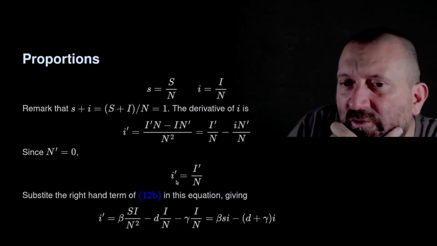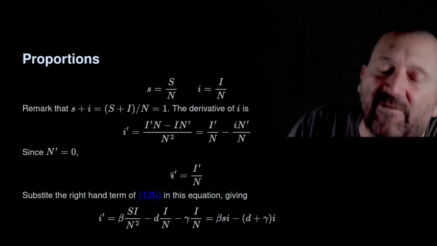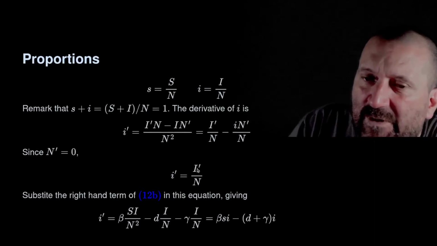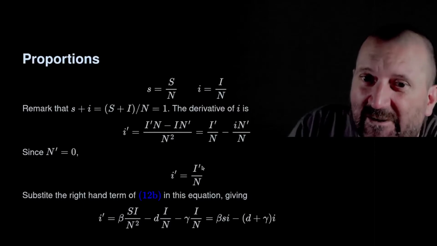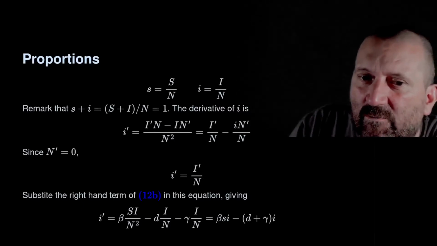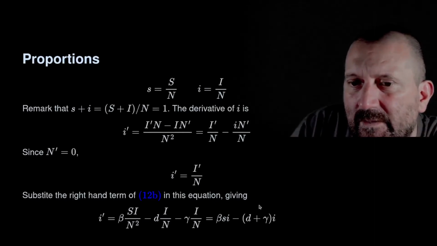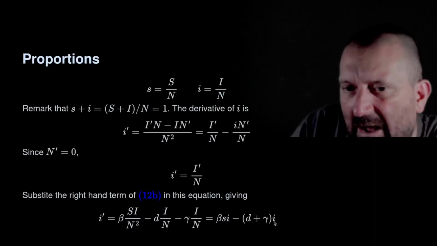So the evolution of the proportion of infectious and susceptible, it will work the same way in the population, is simply the original equation for I prime divided by the total population. So when I compute this, I find this equation: beta little s i minus (d plus gamma) i.